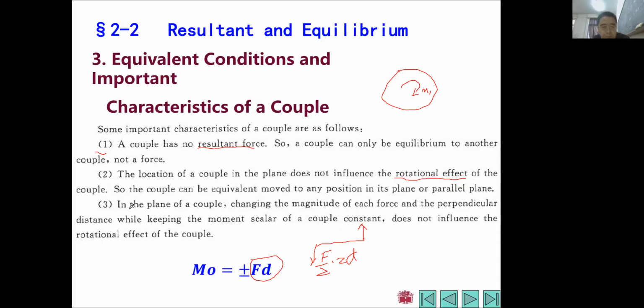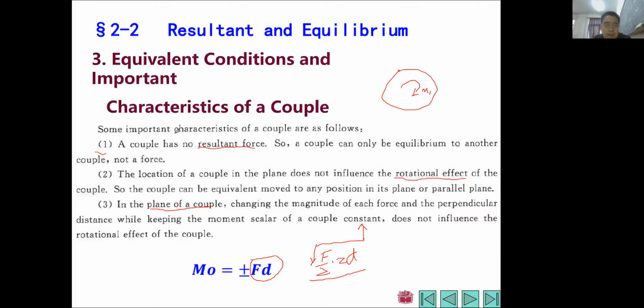The third is that in the plane of a couple, changing the magnitude of each force and the perpendicular distance, while keeping the moment scalar of F times D the same value, does not influence the rotation effect of a couple.